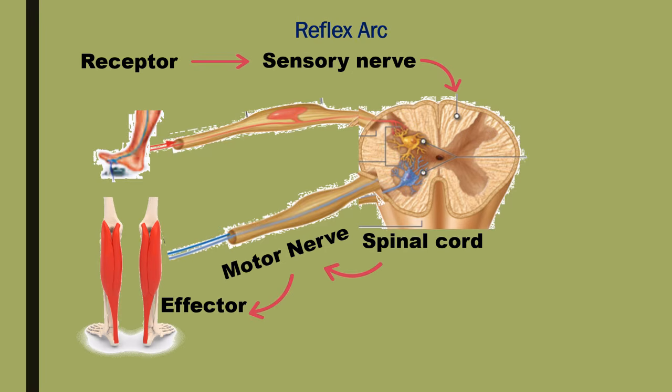Hence, we can define the reflex arc as the shortest path of involuntary responses controlled by the spinal cord. Reflex responses occur without our consciousness and thinking. The components of the reflex arc are receptors, specialized cells in the sensory organs that receive stimulus.